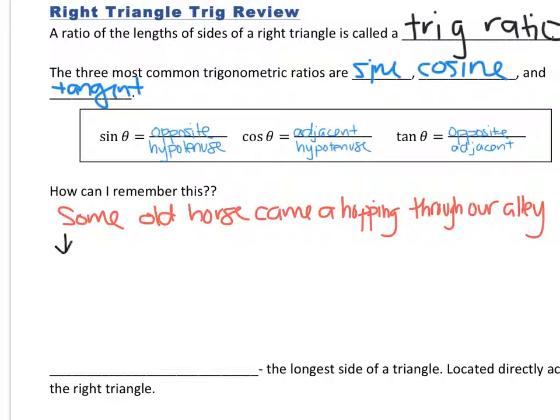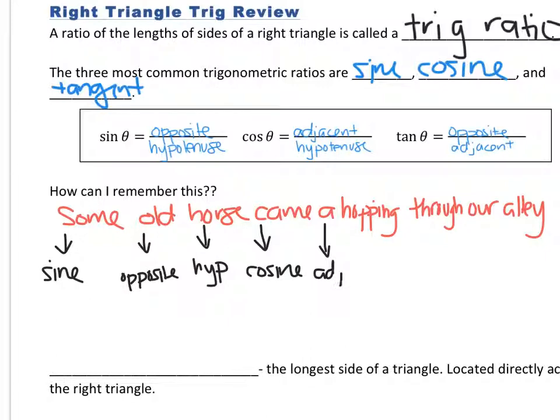So this S stands for sine. This is opposite. This is hypotenuse. So sine is opposite over hypotenuse. This C is for cosine. A is for adjacent.